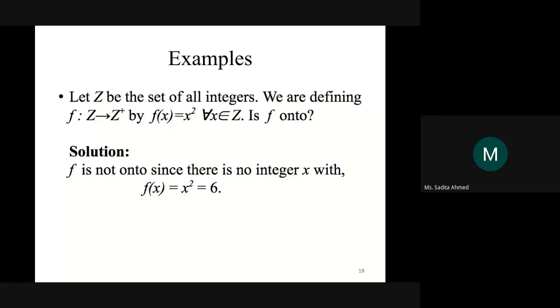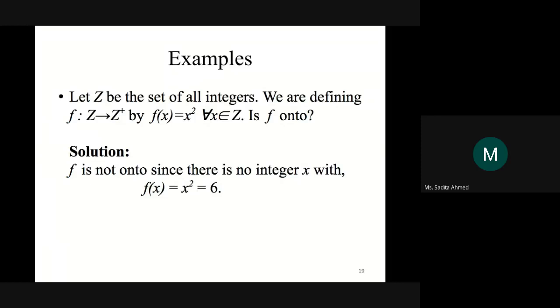Forget about onto, it wouldn't even be a function. So basically, it would be a function for all positive and negative real numbers in the domain except for 0, with the codomain being the set of all positive real numbers, but not otherwise. So yeah, very good example.